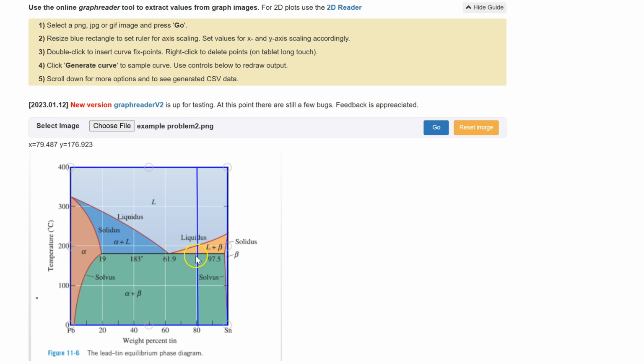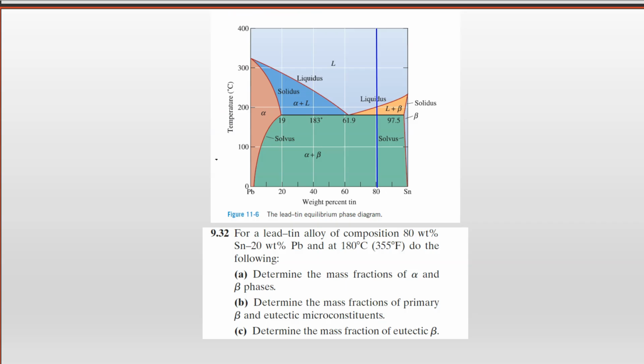For practical purposes, we can just read the values of the compositions from what's given in the phase diagram, because we're only 3 degrees below that. So we don't really need the graph reader for this particular problem.